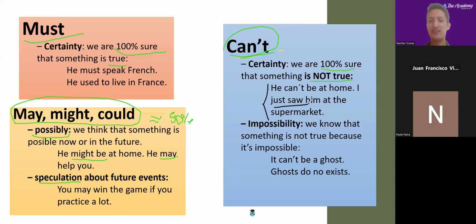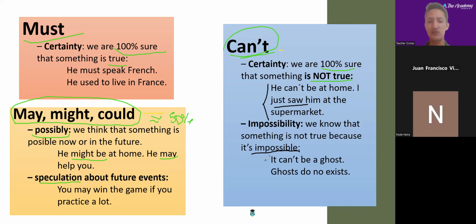Okay, teacher. Ya, la deducción, no, él no puede estar, ¿no? He can't be at home. ¿Por qué? Acabo de verlo, I just saw him at the supermarket. Okay. Yes. And then, my dear students, remember when we know that something is impossible. It can't be a ghost. Ghosts do not exist. Tell me, Paula, what would be the translation for the second sentence?